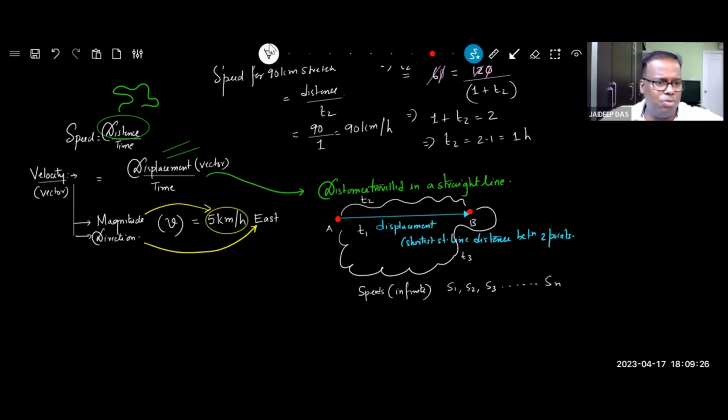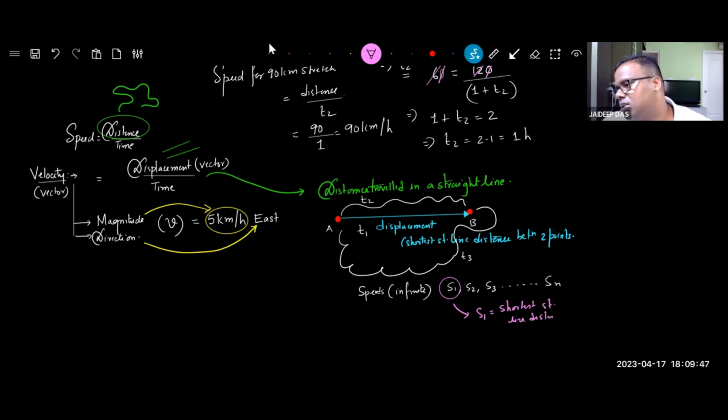So many different speeds we can have. But out of all these speeds, there is one cute speed S1. And this S1 is equal to the shortest straight line distance divided by the time taken T1.